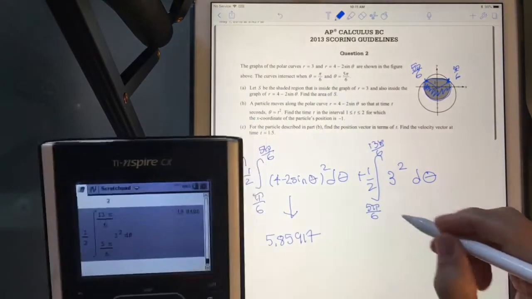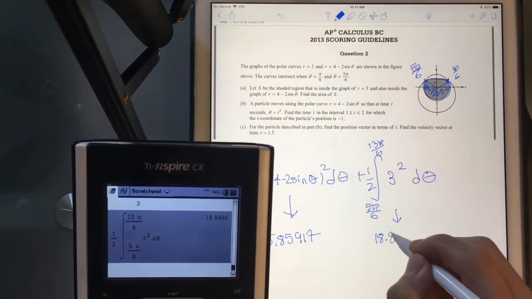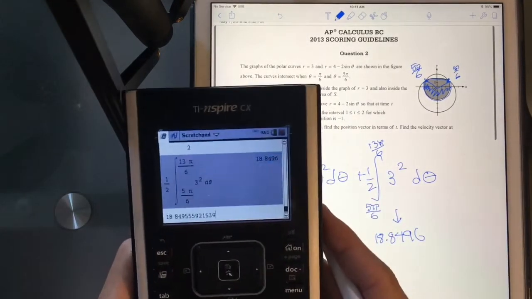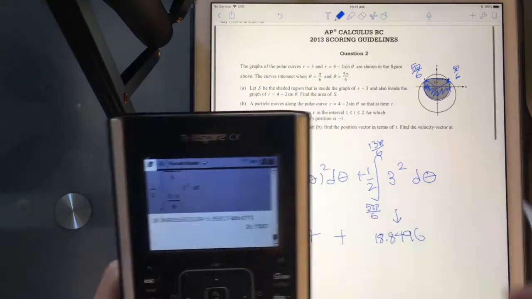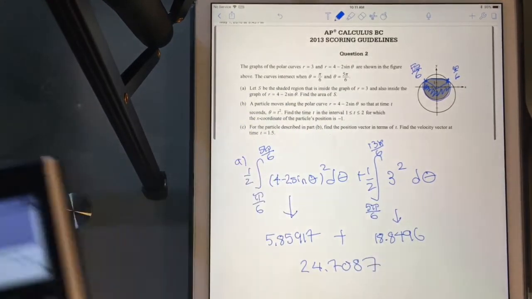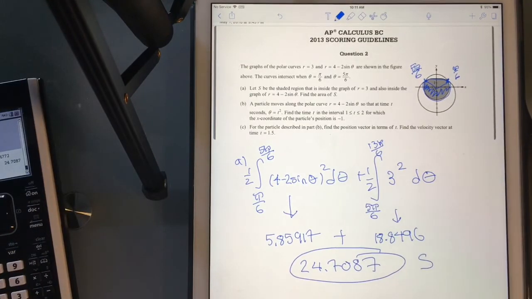Okay, and we get 18.8496. Add that up, we use our calculator, and our answer comes out to be 24.7087. That's the area of S.